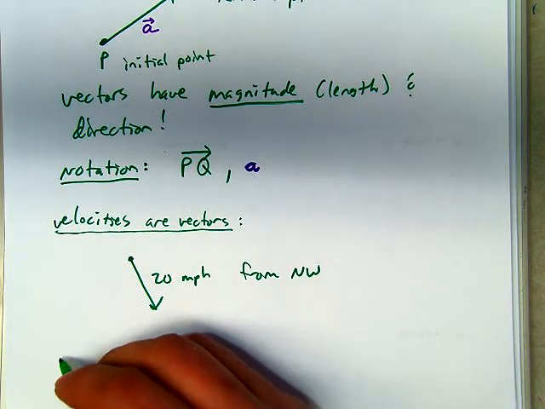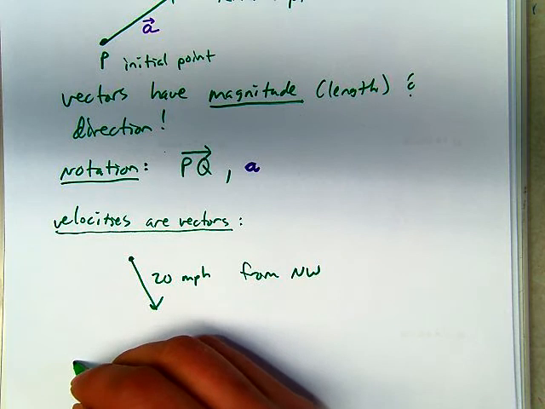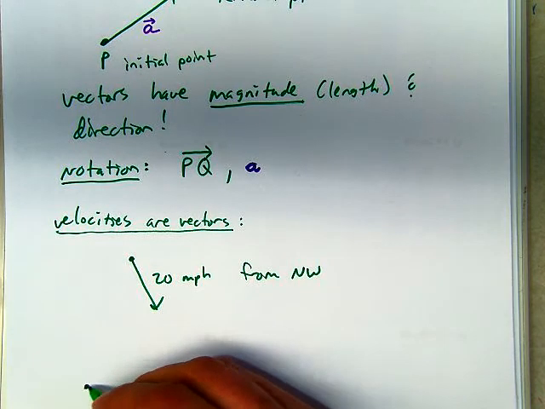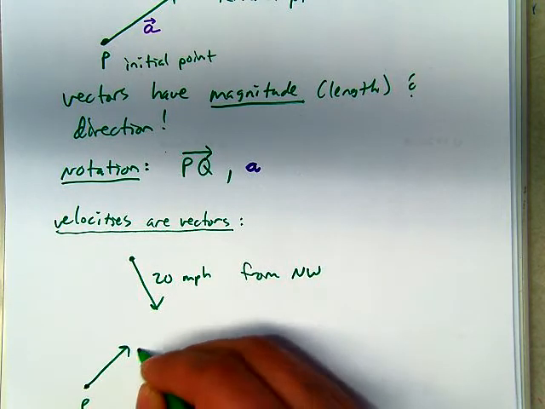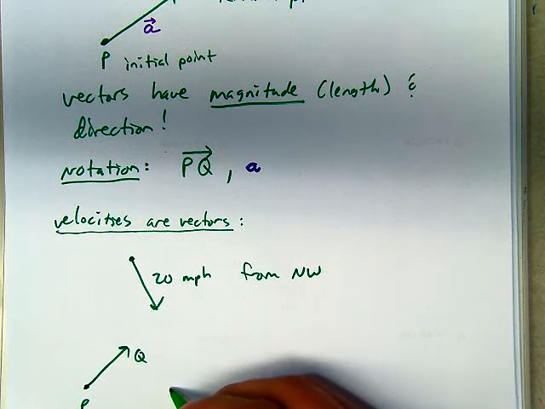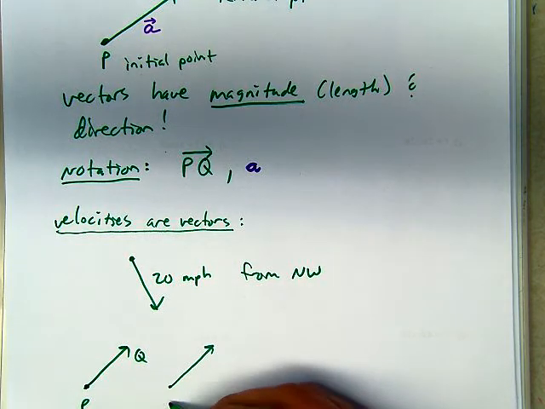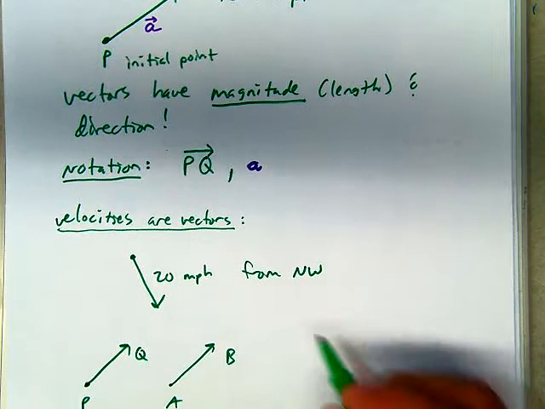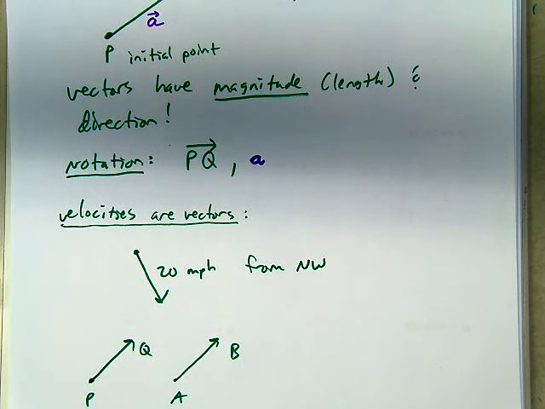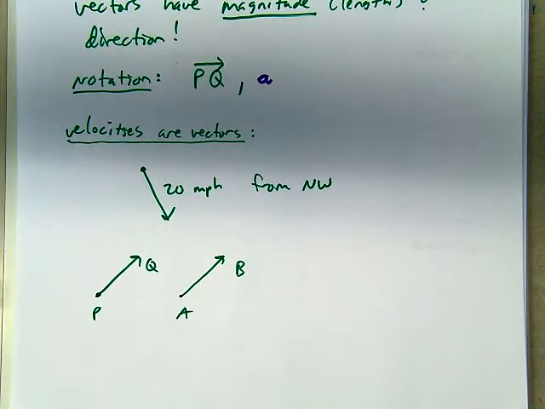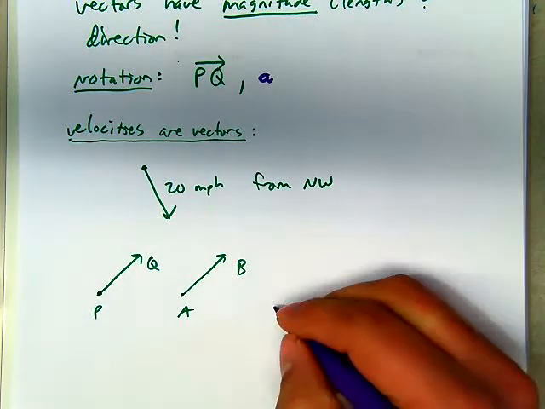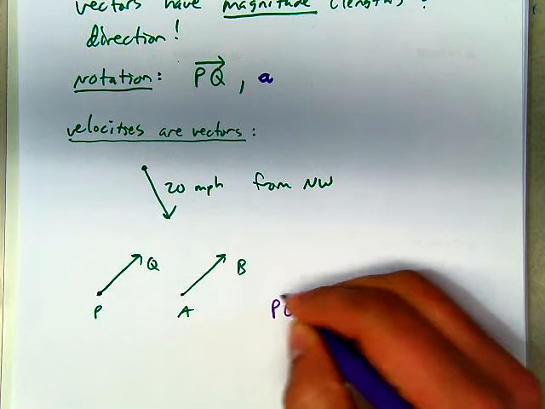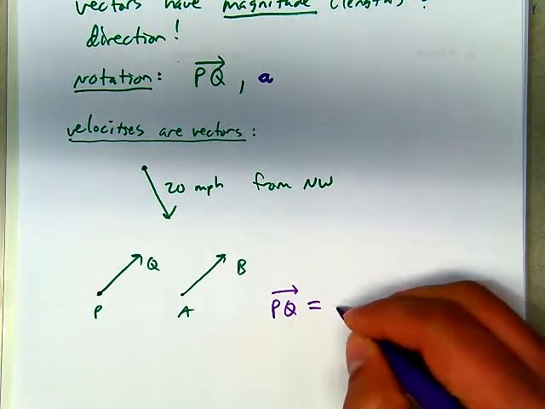If I have a vector, for instance, that looks like this, PQ, and I have another vector that looks like this, let's call it AB, then the argument here is that vector PQ is actually equal to vector AB.